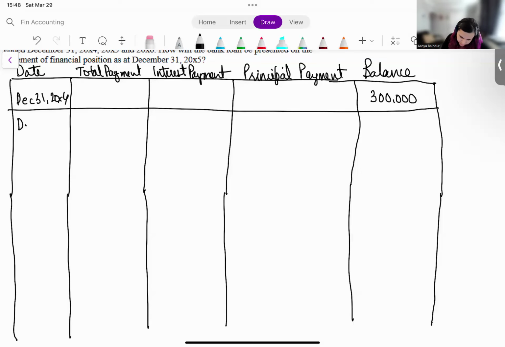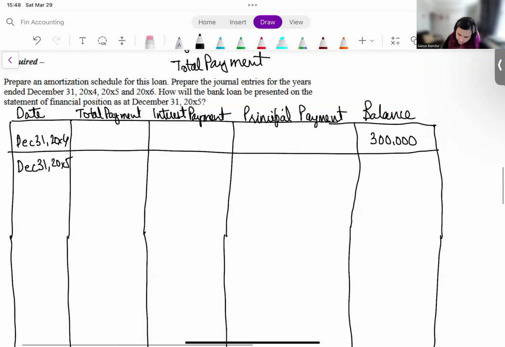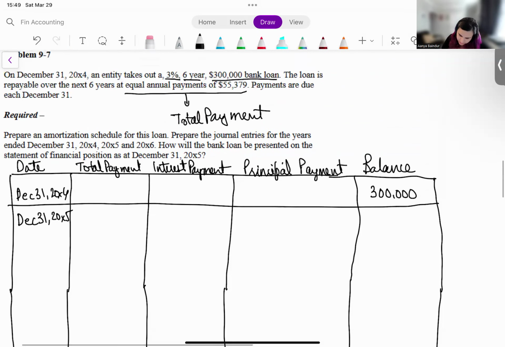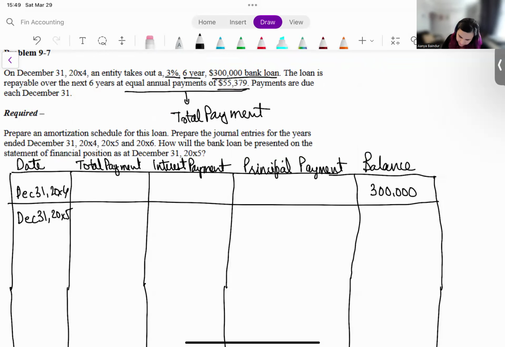Now, once we reach December 31st, 20x5, we incur a first payment. The total payment amount that we are told is 55,379. Out of this, let's find what the interest payment is. We are told it's 3% interest, so it'll be this times 3%. 300,000 times 3% gives us 9,000.